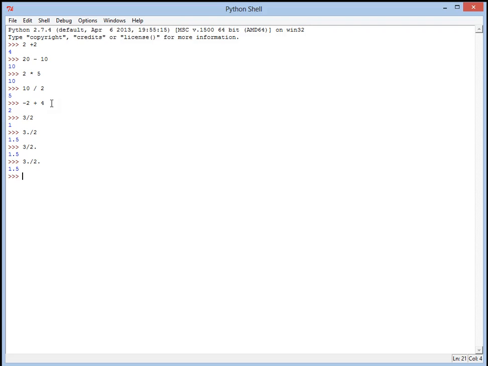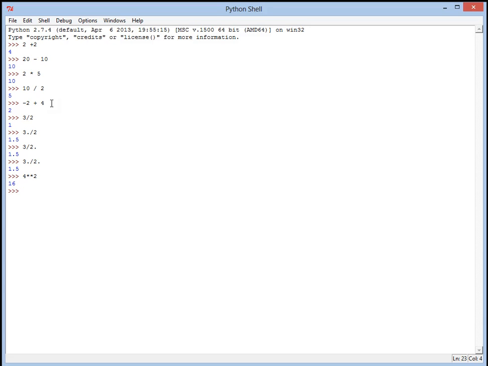Just to take it a little further, if you want to do it to the power of, you do 2 multiplication signs, so 4 to the power of 2, and that'll give you the correct power. So your powers work. And then there's another thing called modulus, which is where it'll calculate the remainder of a division.